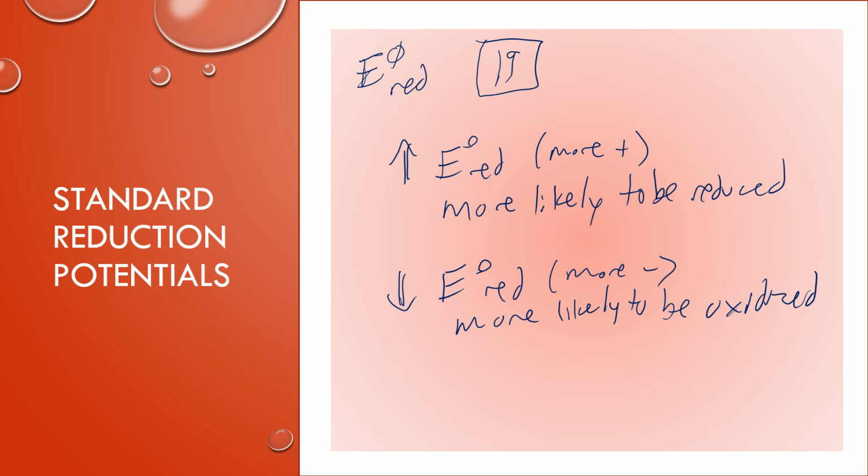So that also means that the highest values, the most positive values, are the best oxidizing agents. And the more negative values are the best reducing agents. So that's another way that we can use the table of values to compare the oxidizing or reducing ability of the different half cells that are listed.